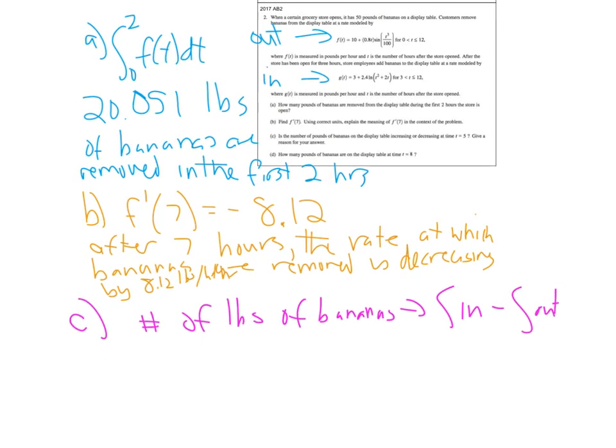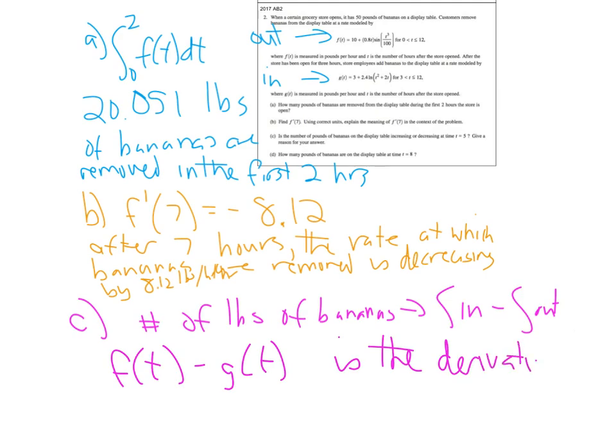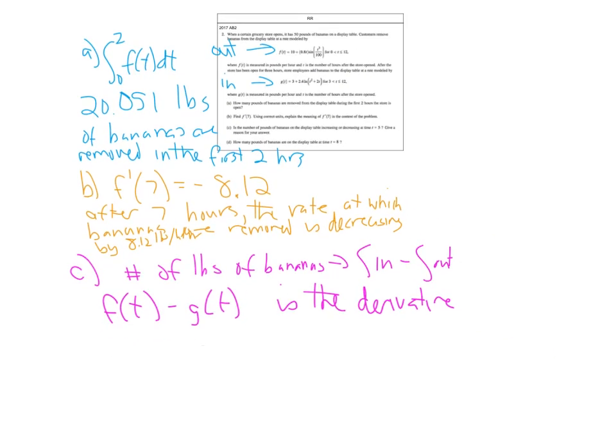So I need to consider f of t minus g of t is the derivative. So f of 5, I almost said 7 again, minus g of 5. Use calculator for that, and I get a negative 2.263.